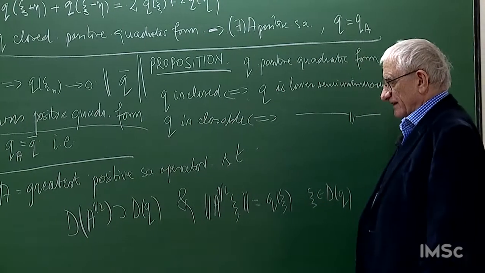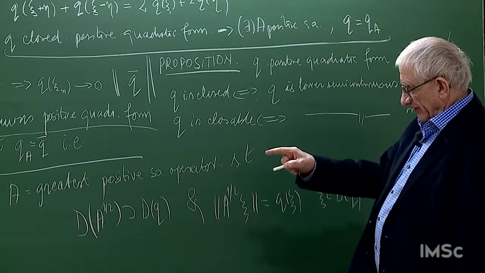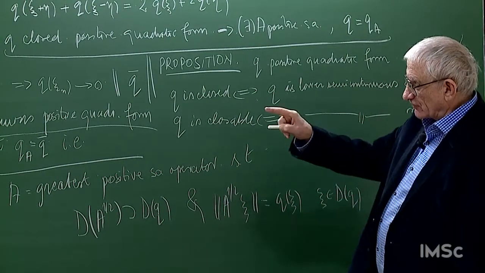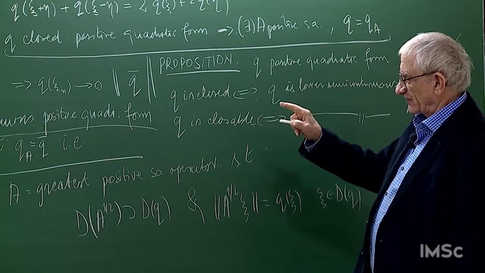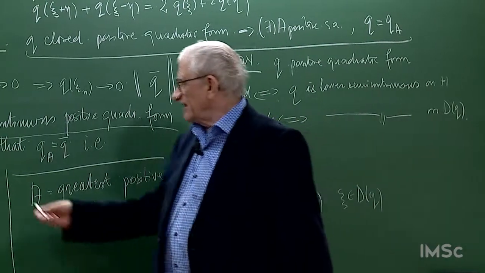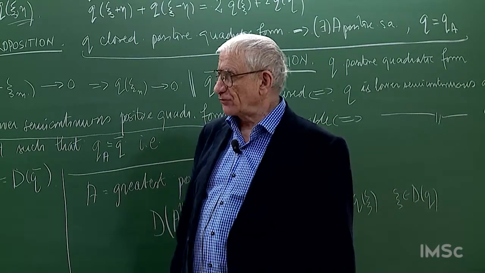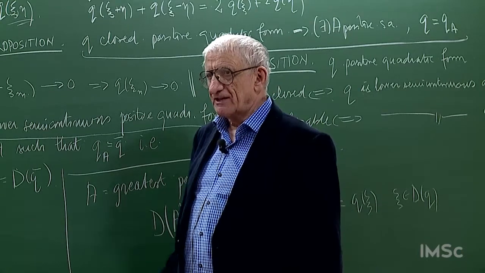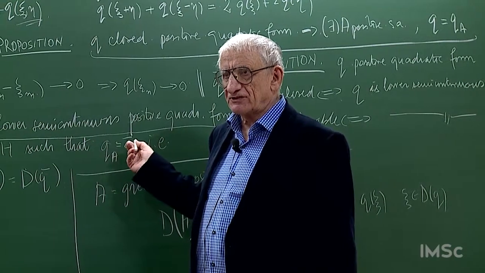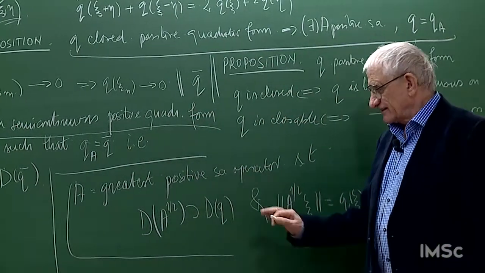So this is a better characterization of the operator associated to a lower semi-continuous positive quadratic form, because it avoids the closure of it. The positive quadratic form should be closable, that means lower semi-continuous on D(Q), but in this formulation the closure doesn't appear.